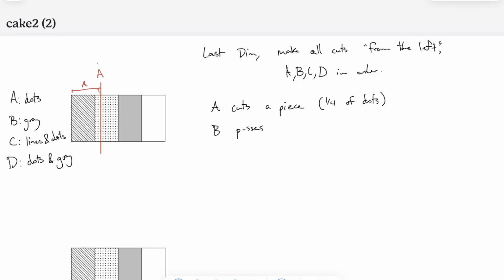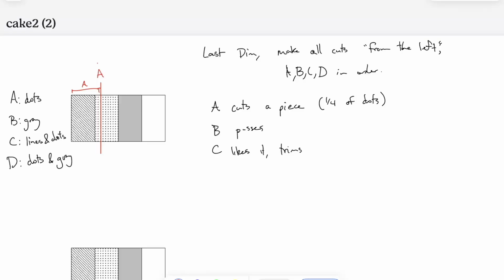How about C? What do you think? I think C likes it, yeah, because C likes the lines and the dots, and this entirely consists of lines and dots. C should now trim this. So C likes it, and trims, which in this case means C is going to push this line to the left a bit.